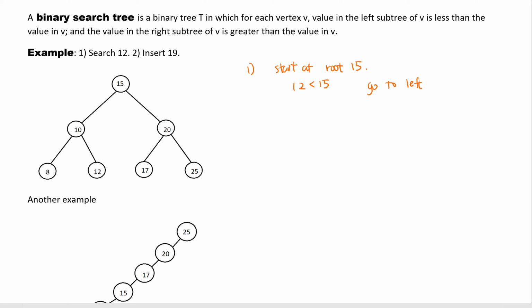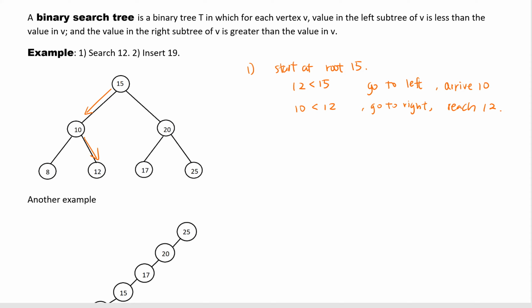So we arrive at the 10. So far so good. So we arrive at the 10, and next you compare. Okay, 10 is less than 12, so we go to the right, and then we reach the 12. So this is how we search.